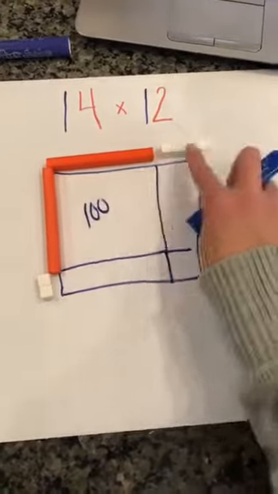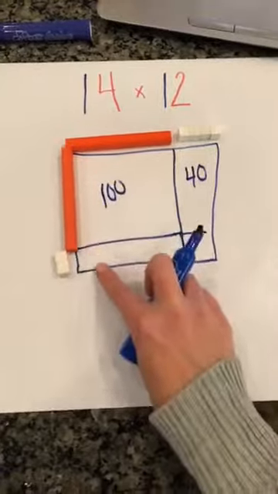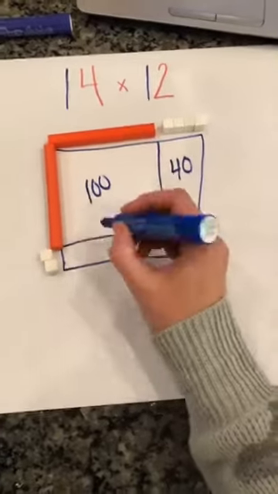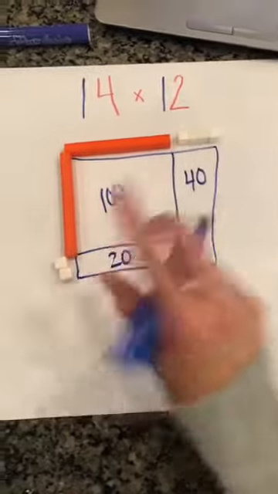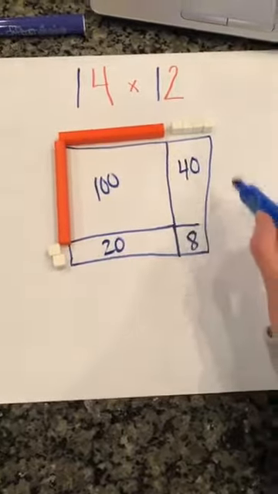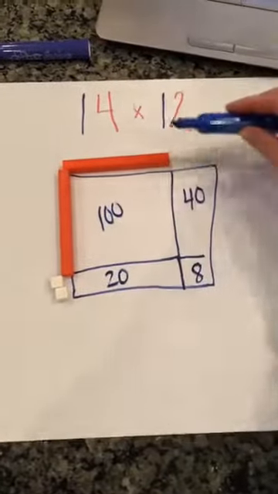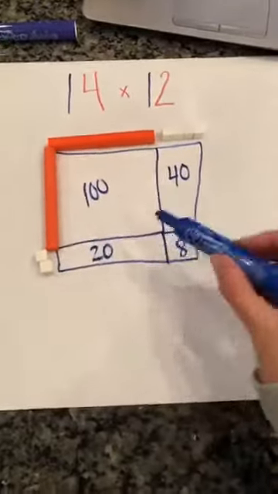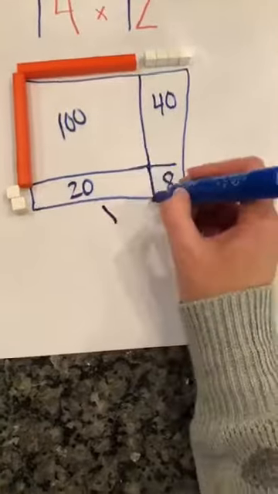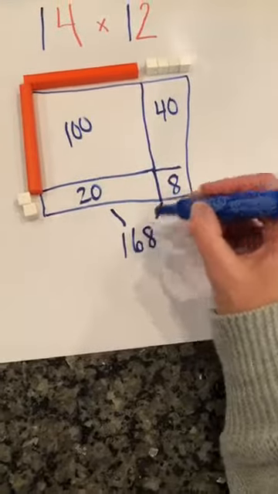This box is a 10 by 4, which is 40. This box down here is a 10 by 2, which is 20. And this box right here is a 4 by 2, which is 8. They then can see this area that is filled in by my 10 and 4, which is 14, by 12, which will give you a total, if my math serves me correctly after a long day, 168.